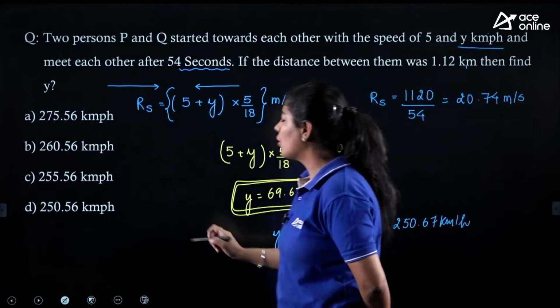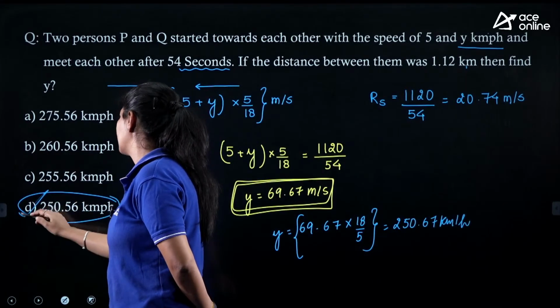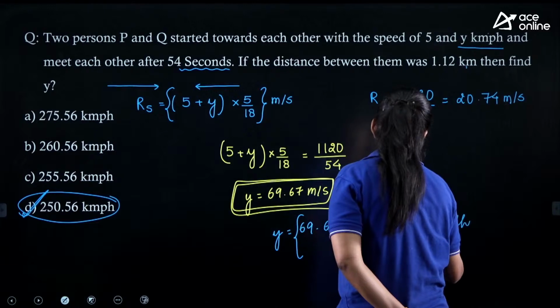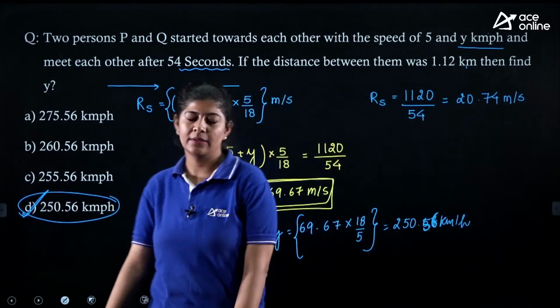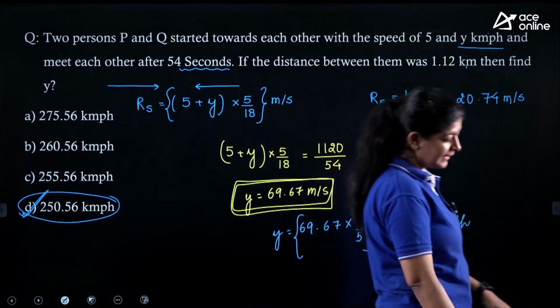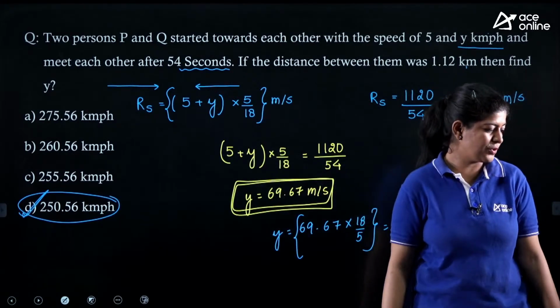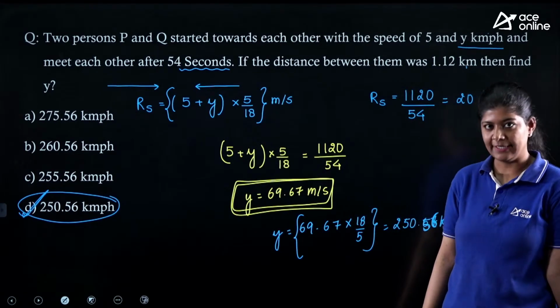That means your option number D is the correct one. Sorry, 56. Option number D is the correct one. So all you need to do is understand the language of the question, and accordingly you need to attempt it, right?